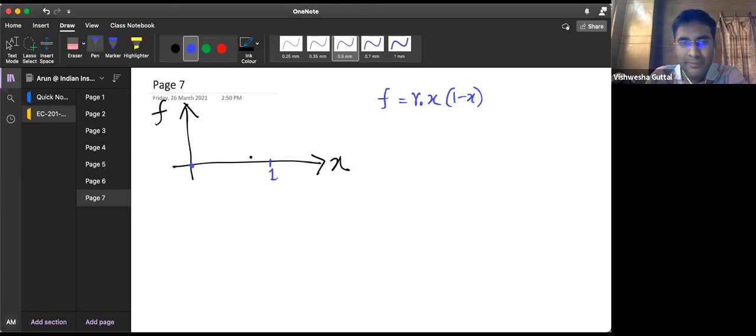In between it's x into 1 minus x, which is a symmetric parabola where the maximum occurs at half. And for x greater than 1, f becomes negative. Is that fine? This is really bad drawing. There are no inflection points and so on. It's just a smooth curve around 1.